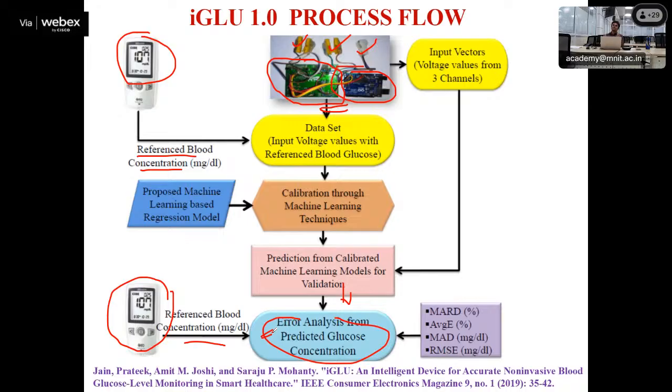Ultimately, I want the difference to be minimum. Ideally, the difference should be zero, because my prediction should match the reference blood glucose value from self-monitoring. For performance measurement, we have measured different parameters: MARD, average E, MAD, and RMSE.